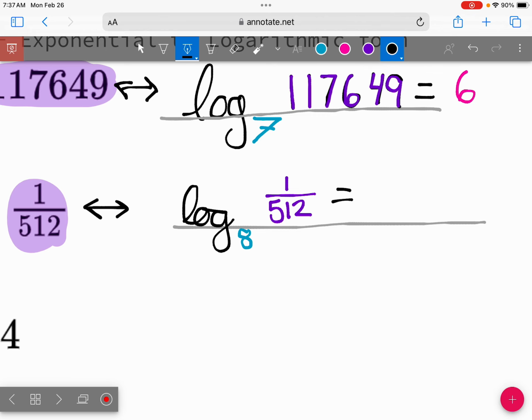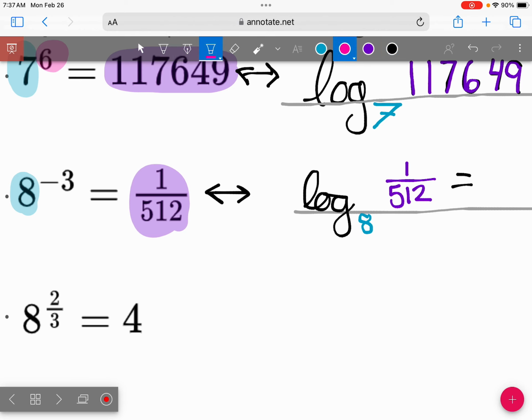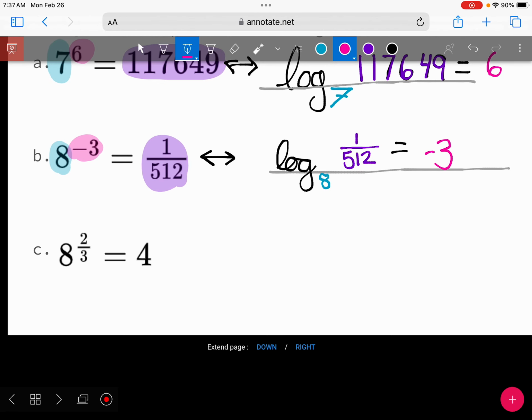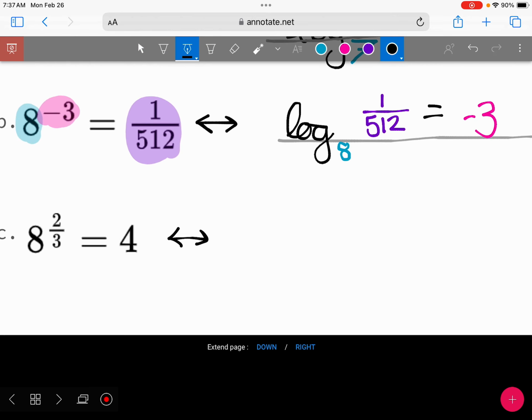And that's going to equal -3. Excellent job. And that's all we're doing with that for right now. We're just switching between them.